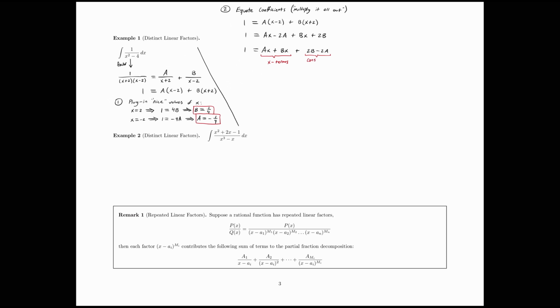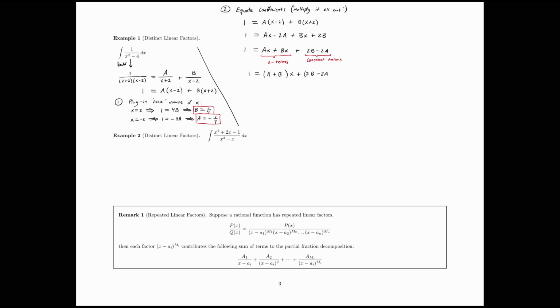All right, now that you have it separated like that, you can go ahead and factor out the x from that one term. So we have a plus b times x plus 2b minus 2a.